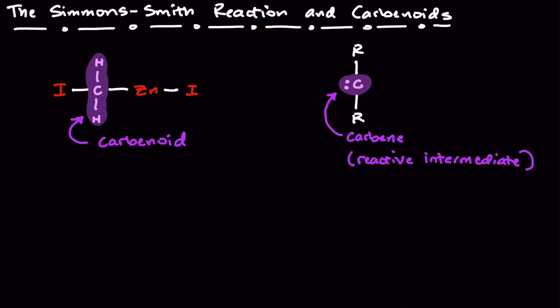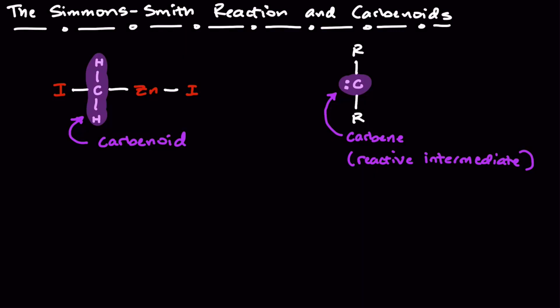Notice that there is a lone pair at that central carbon right there. It is obviously not very stable, right? It does not have an octet, so it is certainly unstable. However, it is a reactive intermediate that does form, and we can synthesize carbenes to react in organic reactions.